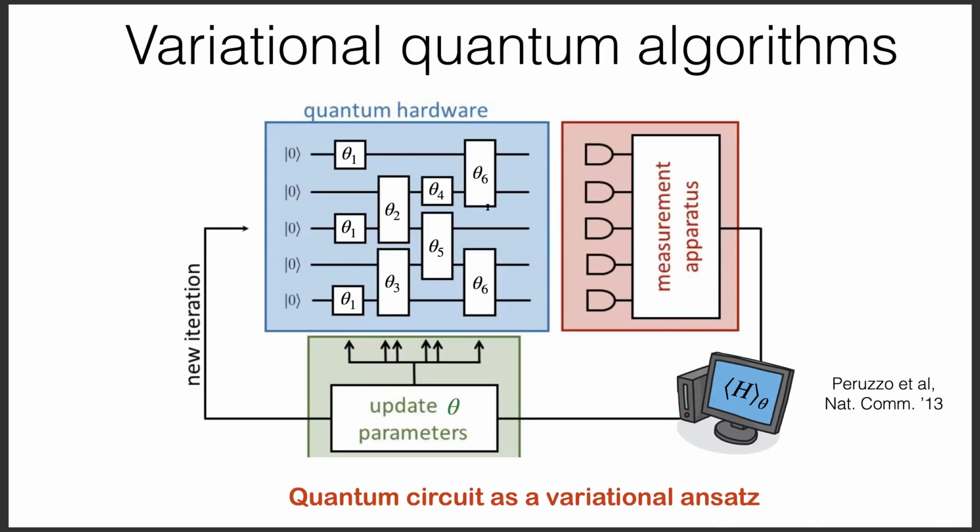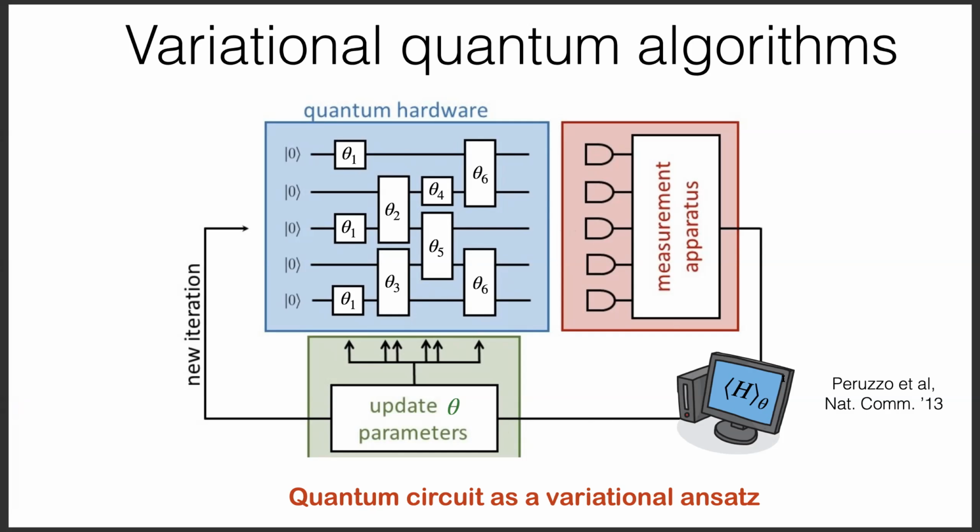This blue box prepares a certain ground state, a certain ansatz, a certain wave function that depends on those parameters. And then you just do lots of measurements and put all those measurements into a classical computer and run a classical optimization to tune those parameters. This gives you an optimization loop.